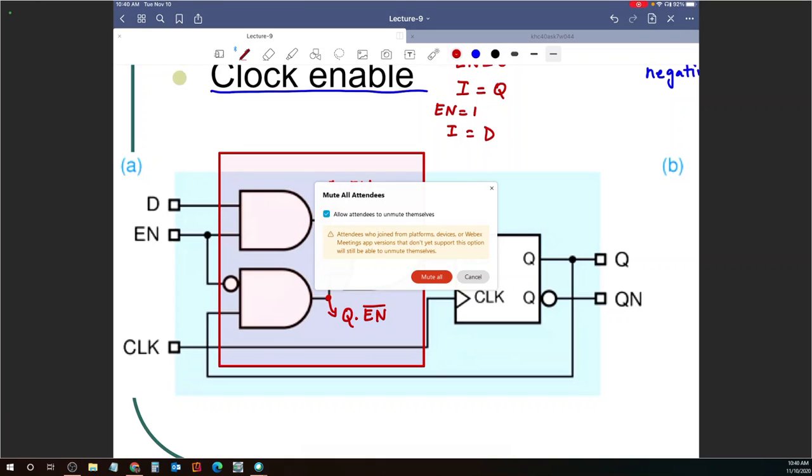And over here, your new input to the D flip-flop is going to equal D and enable, or enable complement and Q. So you see, when enable is 0, Q is fed back, right? And when enable is 1, D takes over, the new input.